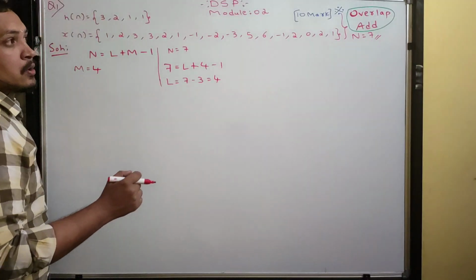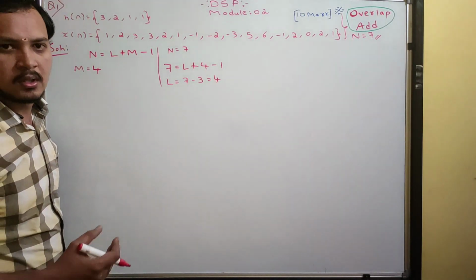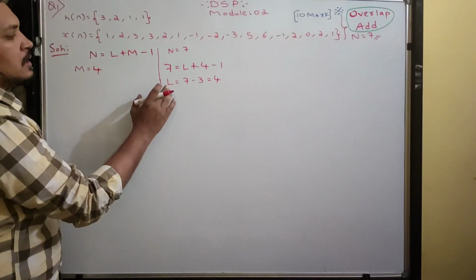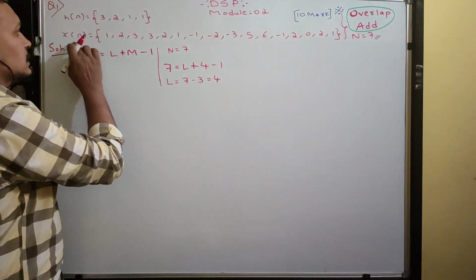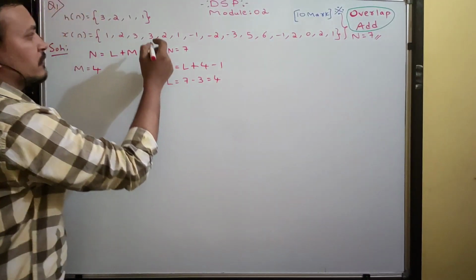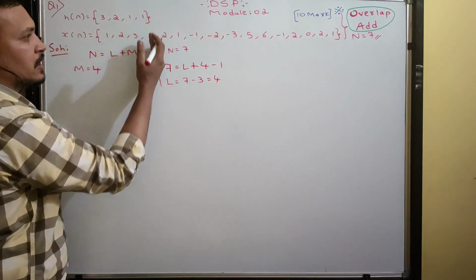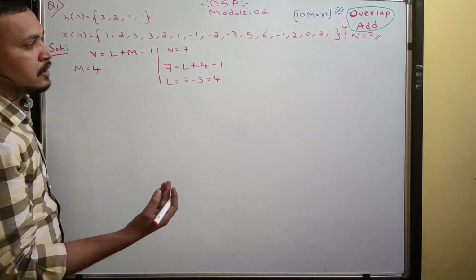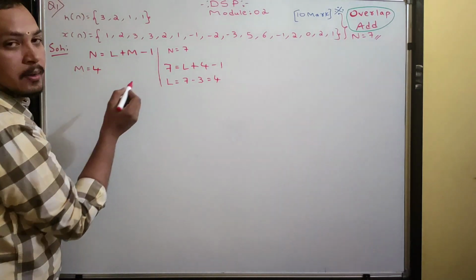In the overlap add and save method, we are doing circular convolution. So this long data sequence, we are dividing into sub blocks. We are taking 4 samples as one input.